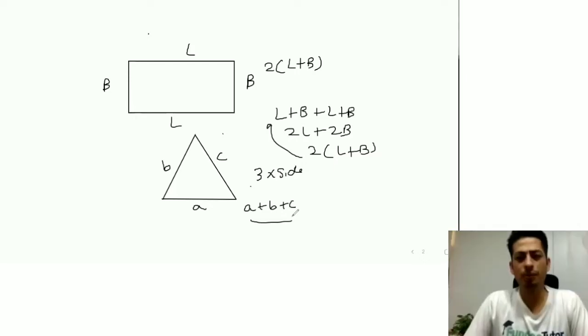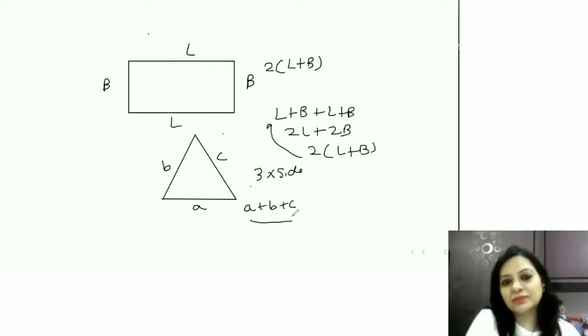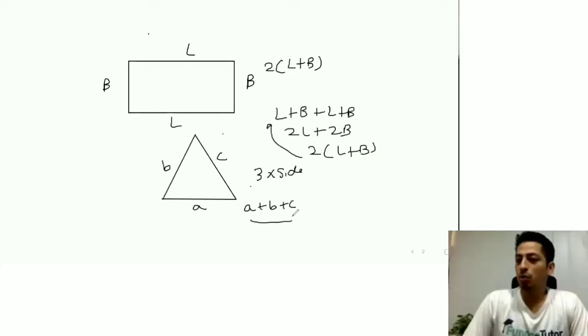This is beautiful. On this level, it sounds very simple, but the problem comes if that mindset is not developed in the mind of the child. 2 into (L plus B) is very easy to explain.